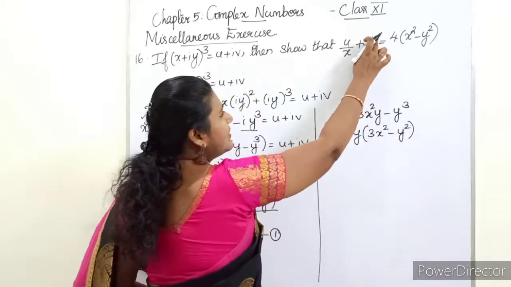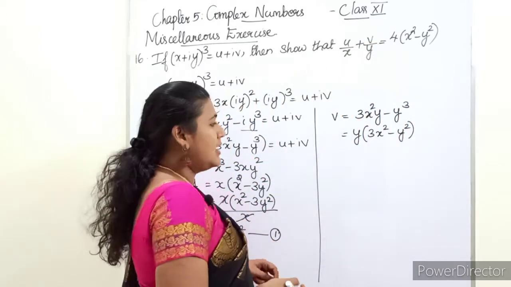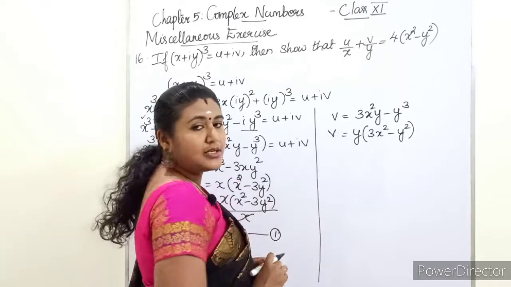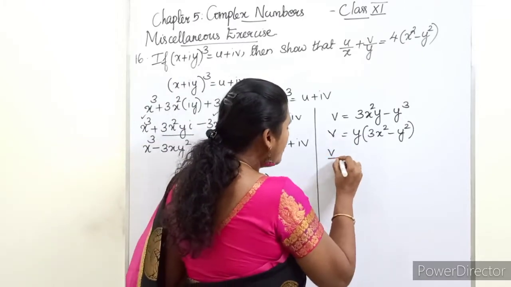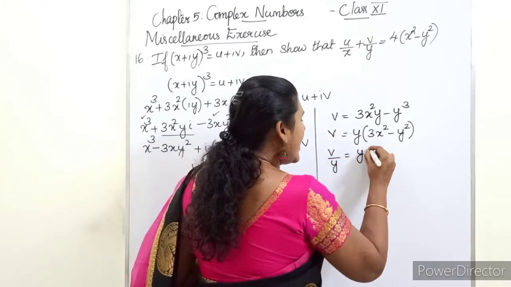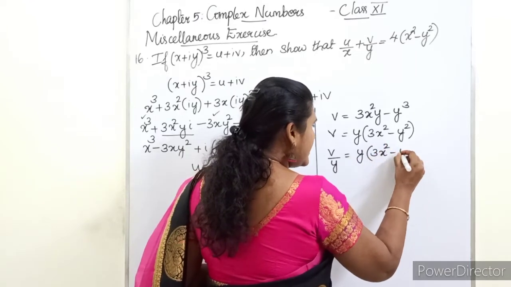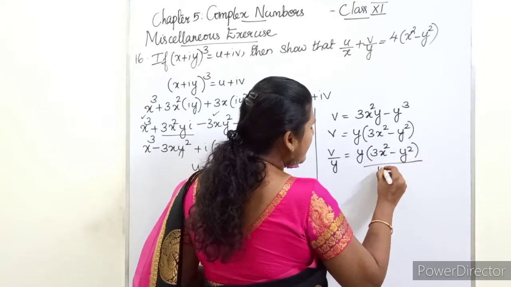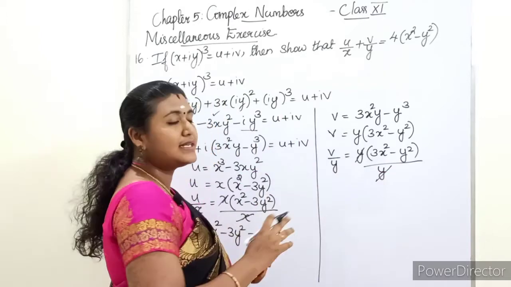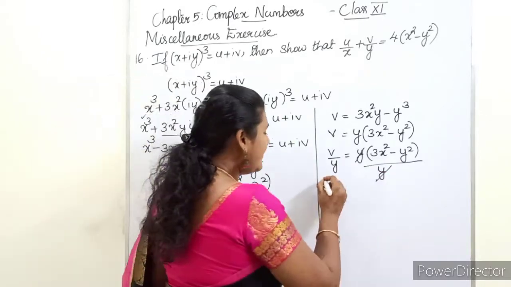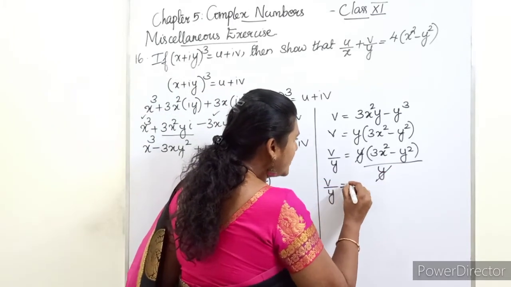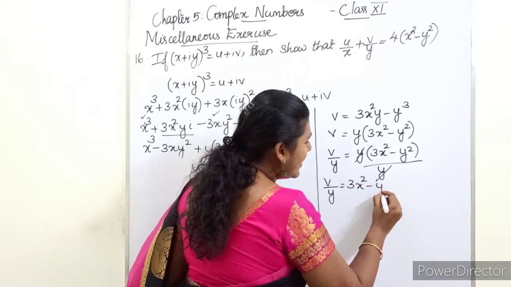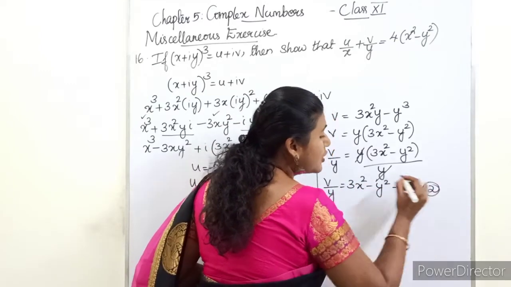Now you see here we actually need v by y. So we will divide the equation throughout by y. So v/y = y(3x² − y²)/y. So this y term will get cancelled and we will get v/y = 3x² − y². So this is the second equation.